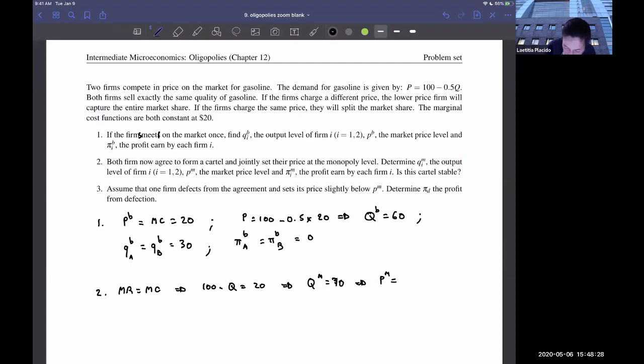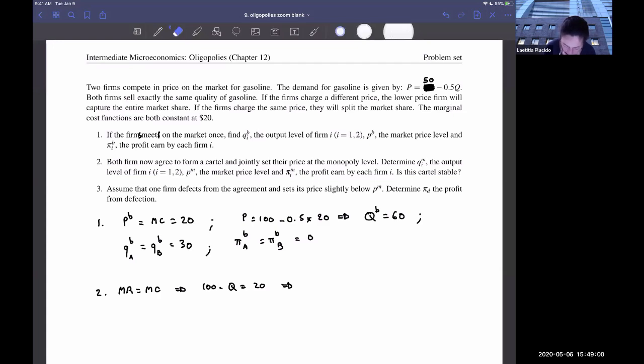So let's just change this, so that this is going to be consistent with my notes. So this is not going to change. Okay, let's finish the monopolies first.